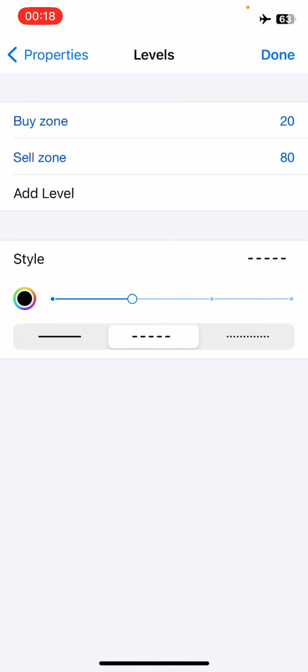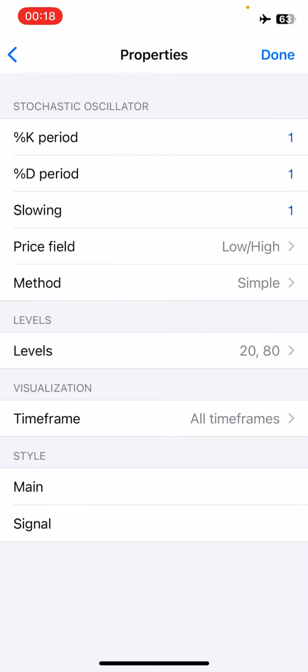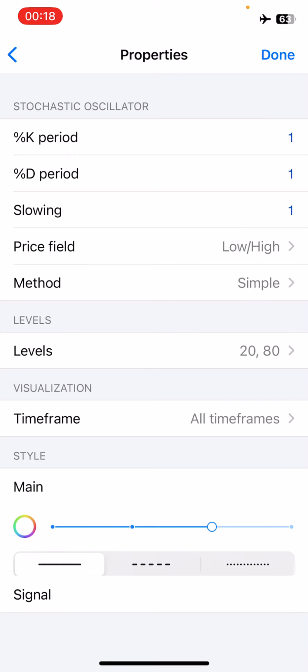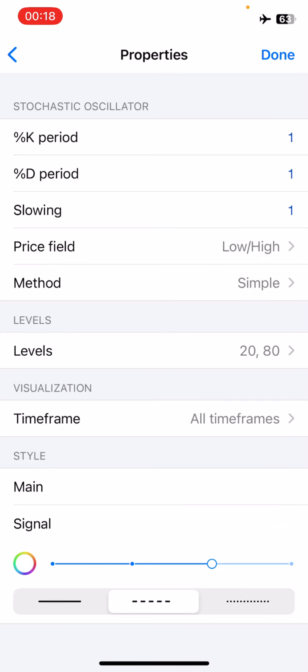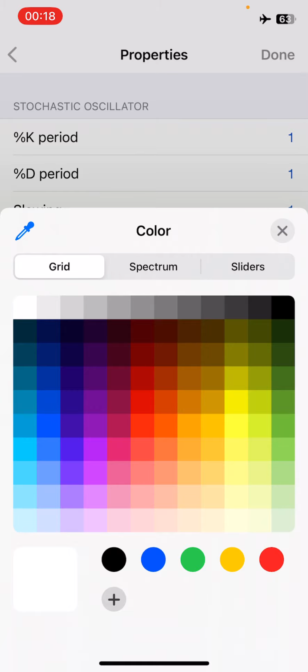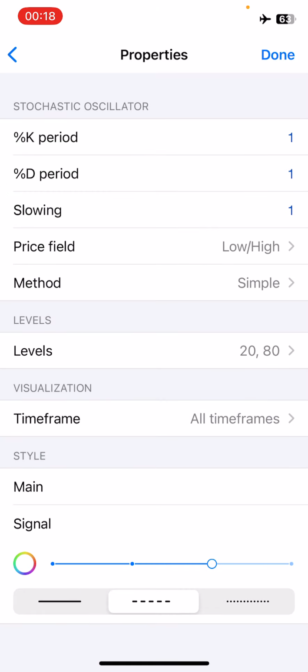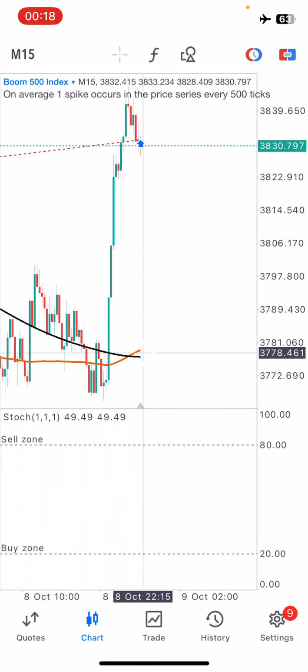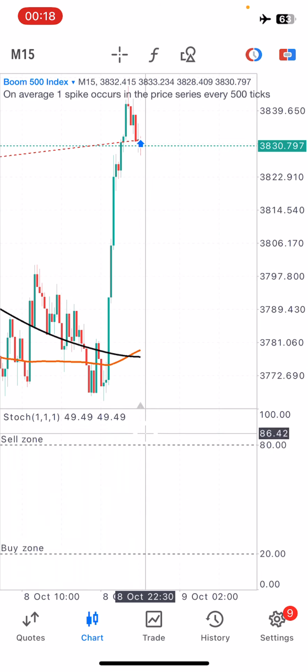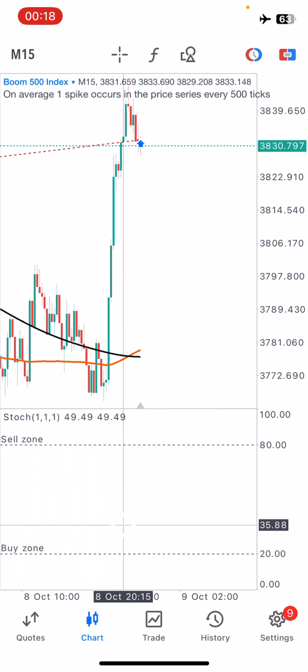Our buy zone will be level 20 and our sell zone will be level 80. Then if we click done, it will take us back to the properties for the stochastic. Make sure that your main and your signal have the same color as your background. I have a white background, that's why my main and my signal are both white, so that if I click done, I will only have my levels showing on my charts and nothing else.